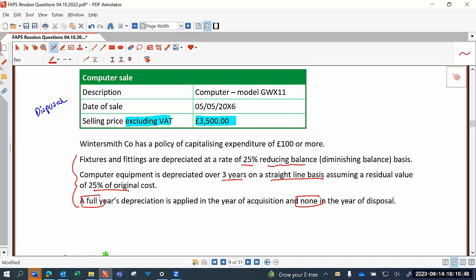The third thing I might look for in this sort of question is any policy about capitalisation of expenditure. It says here that any asset, referring to an individual asset, that costs £100 or more should be capitalised.